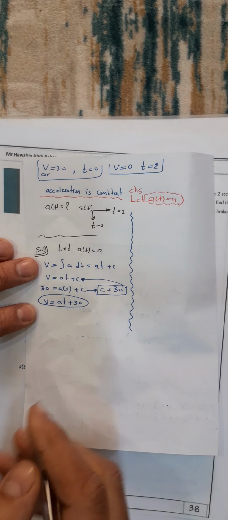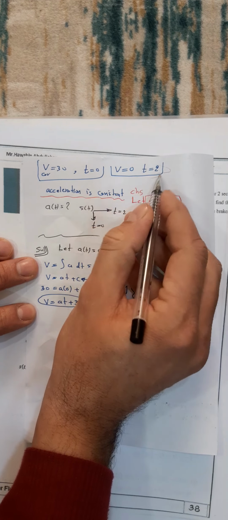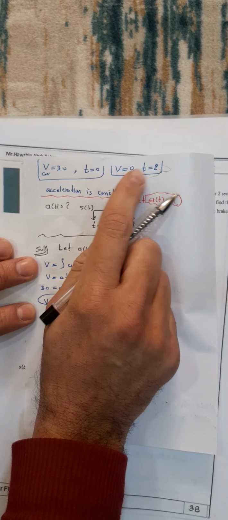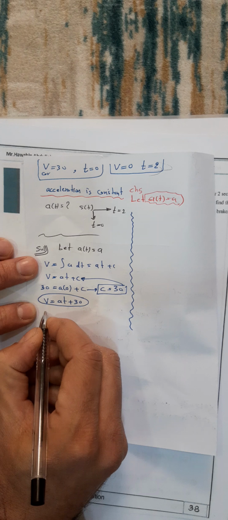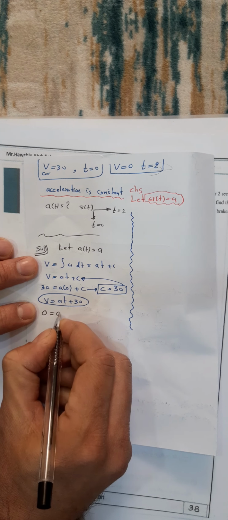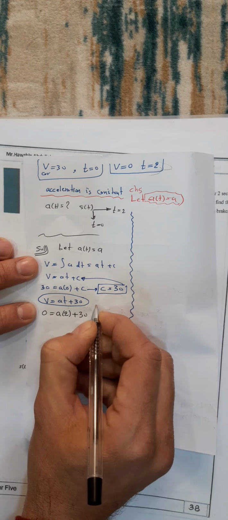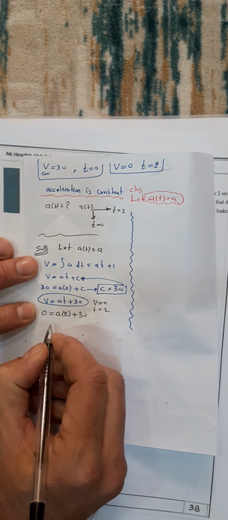Now for finding the acceleration, use this given: v is equal to 0 and t is equal to 2. So at the stop, v is equal to 0, which is a times 2 plus 30, because v is equal to 0 and t is equal to 2.